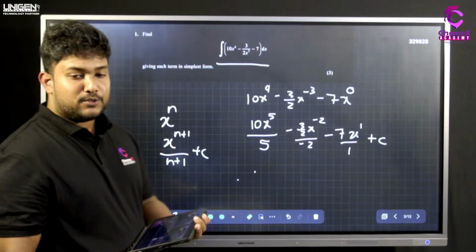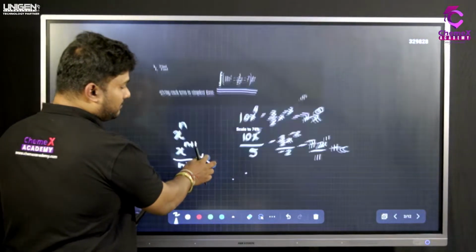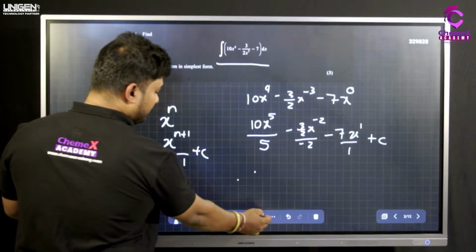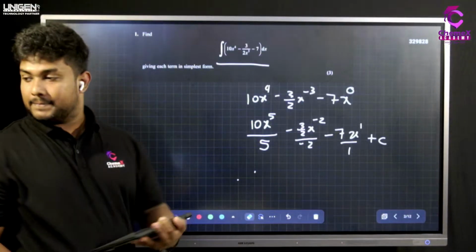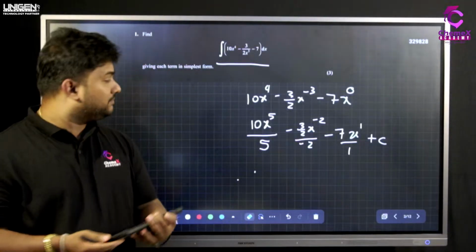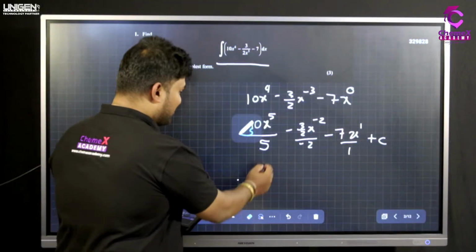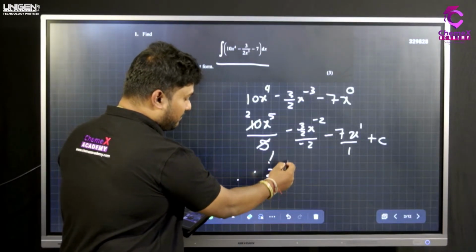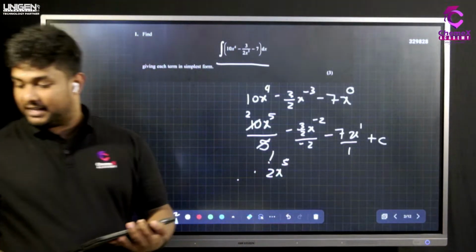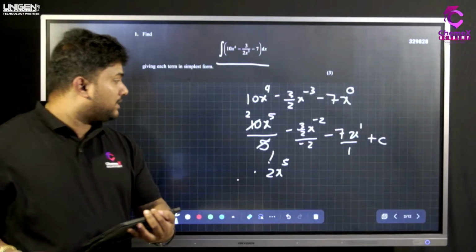Then of course you need to simplify this answer further. So how do you simplify? How do you simplify it? You can use calc 1 and this becomes 2. So 2x to the power 5. So what's minus 3 over 2 divided by minus 1?